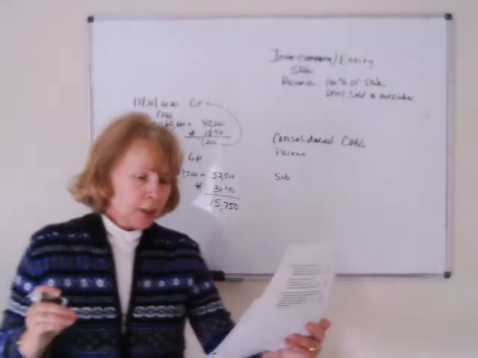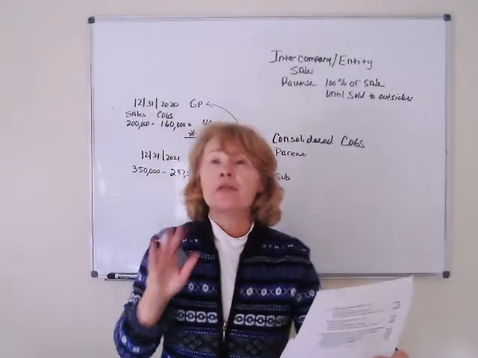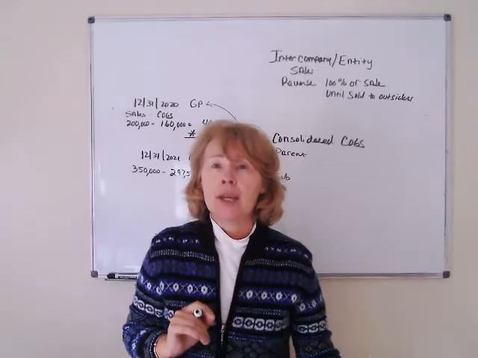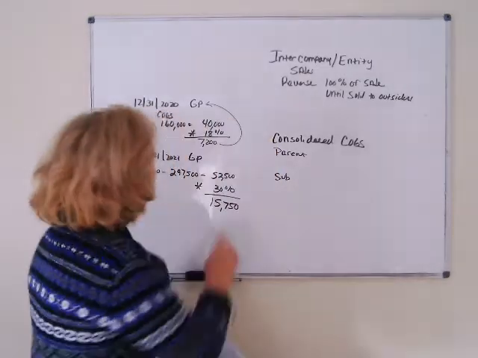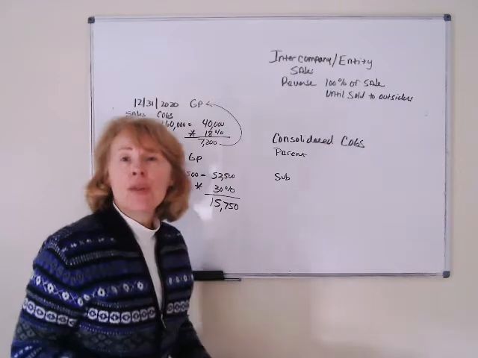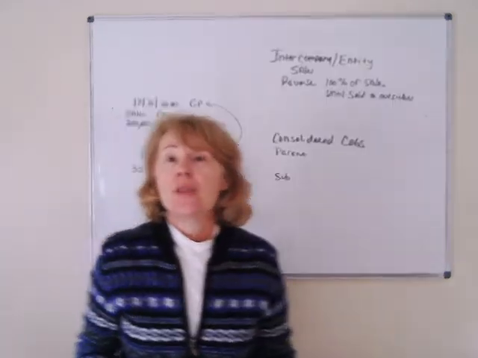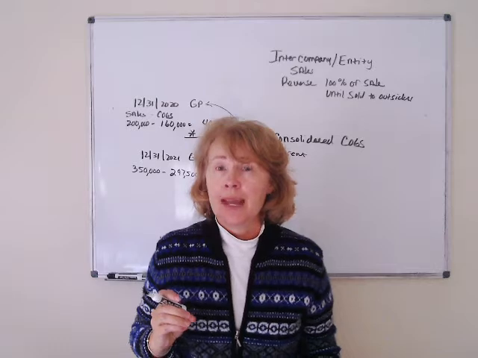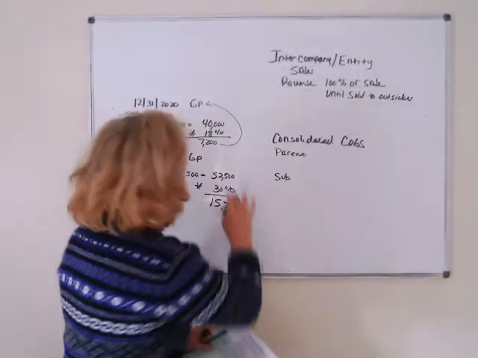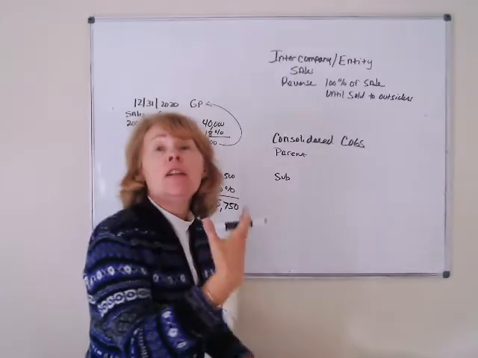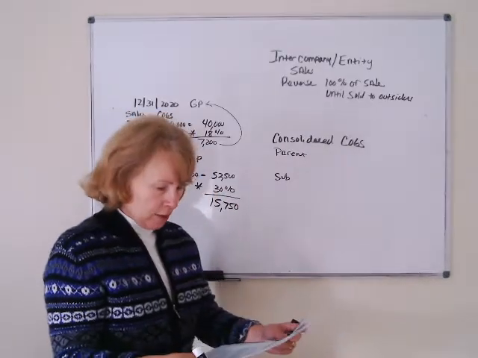This problem didn't ask us for information for 2020, but we need it because our ending inventory in 2020 will be our beginning inventory in 2021. Remember, your ending inventory in the prior year is your beginning inventory in the next year.